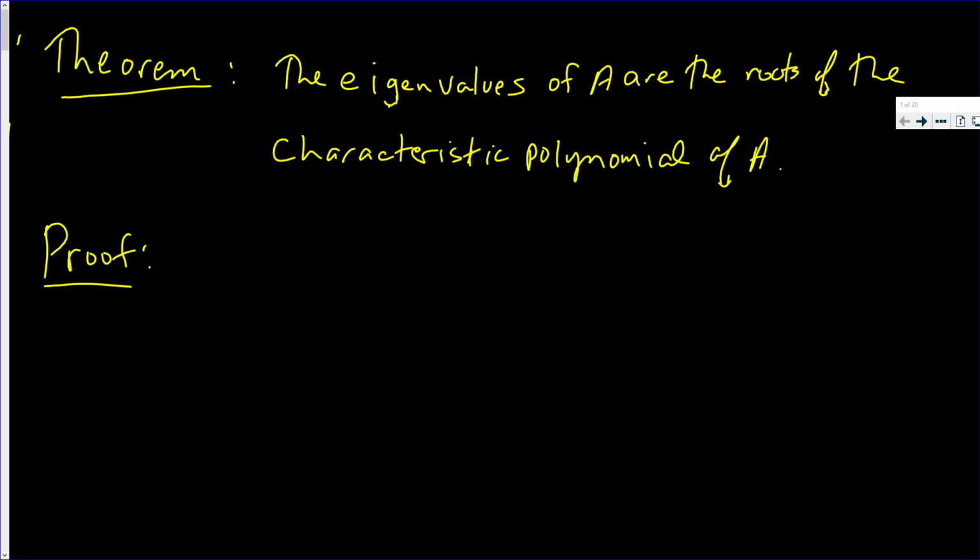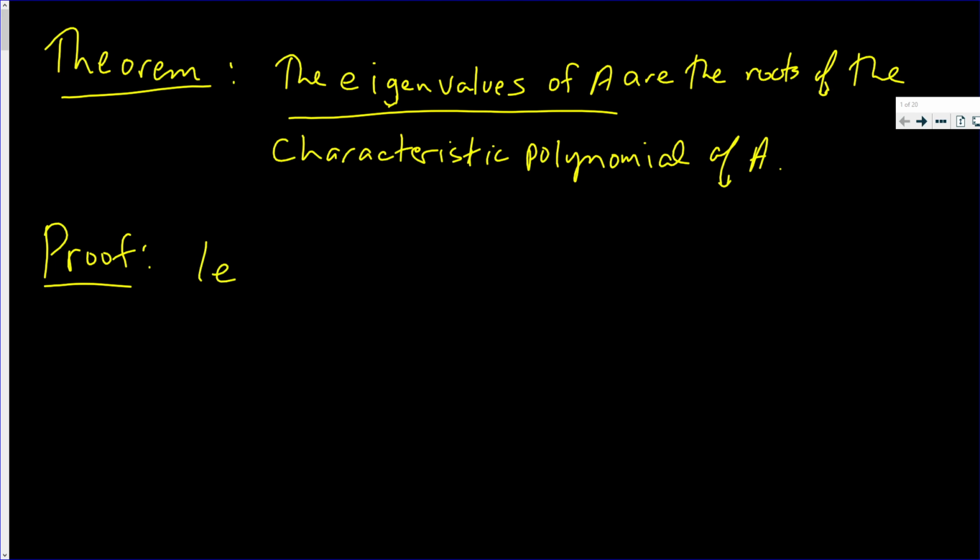In this video, we're going to prove the following theorem. We're going to prove that the eigenvalues of A are the roots of the characteristic polynomial of A. Remember that the eigenvalues of A are the lambdas that have certain property.